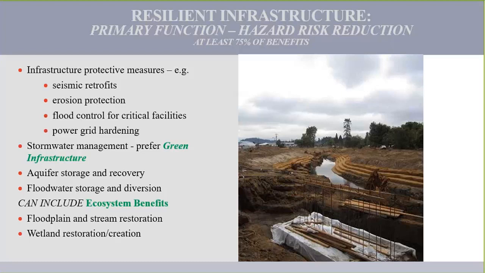All of those kinds of benefits have to add up to at least 75%. But beyond 75%, many of these projects can incorporate ecosystem benefits, and ecosystem services can make up the remaining 25% or more of benefits for a project along these lines.